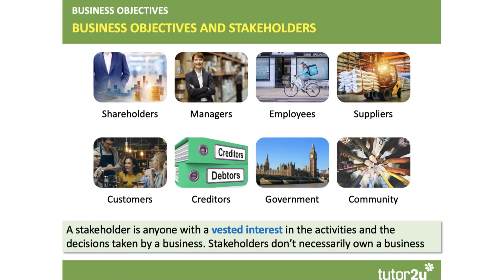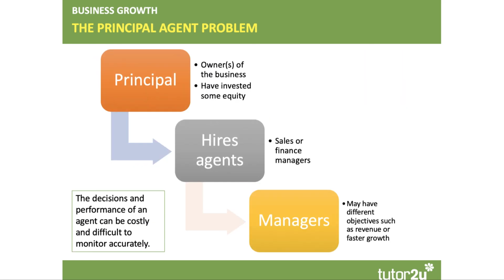It's just not possible. And businesses have stakeholders. Stakeholders, anybody, or groups, in fact, with a vested interest in the activities and the decisions taken by a business. And the stakeholders here, from managers to employees to suppliers to customers to government and the wider community, they don't necessarily own a business.